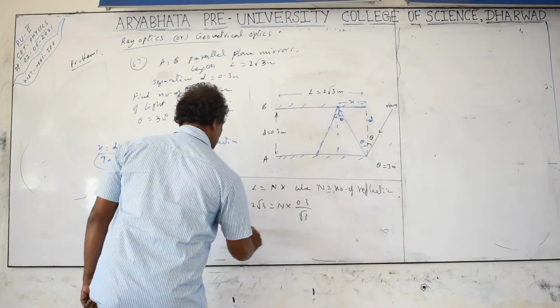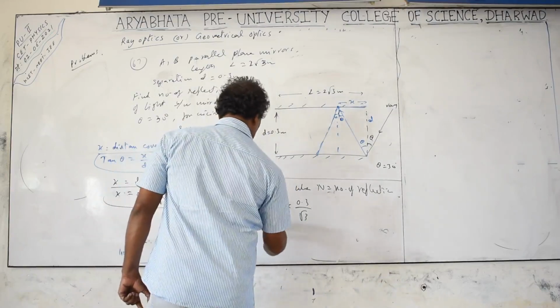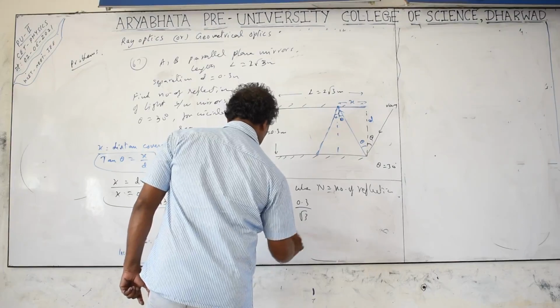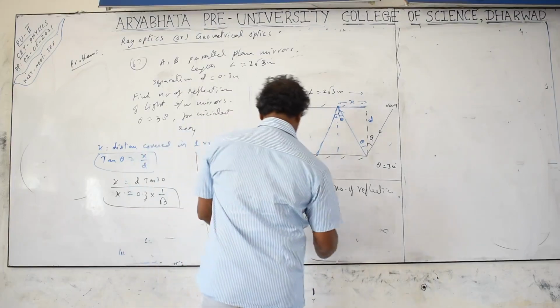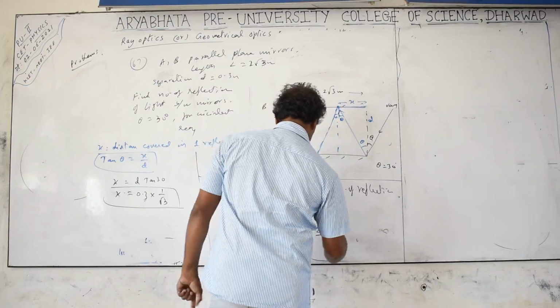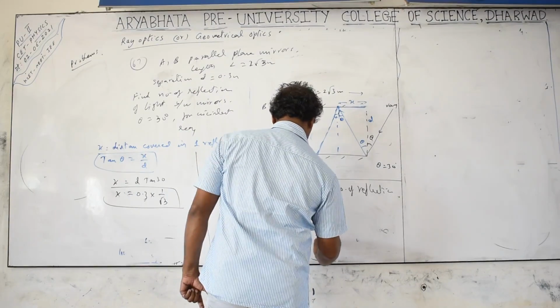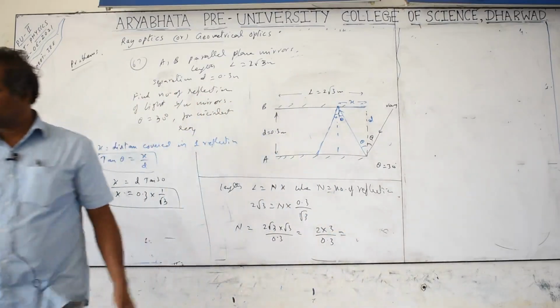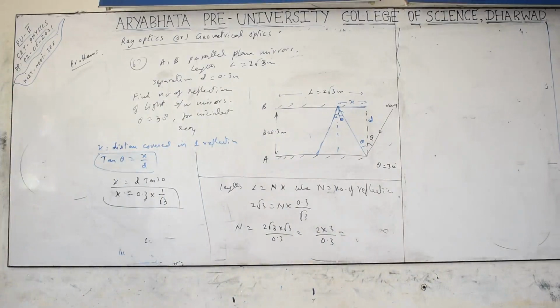So n is equal to 2 root 3 into root 3 by 0.3, which becomes 2 into 3 by 0.3. I think I made some mistake.